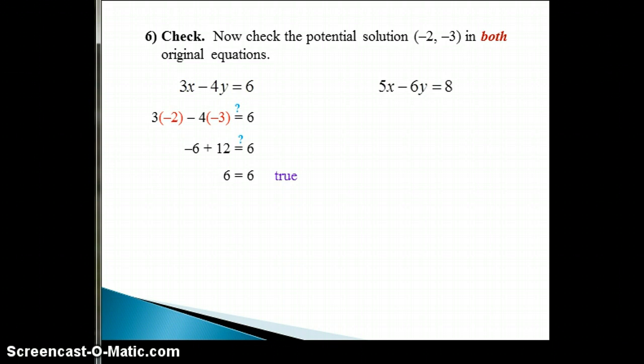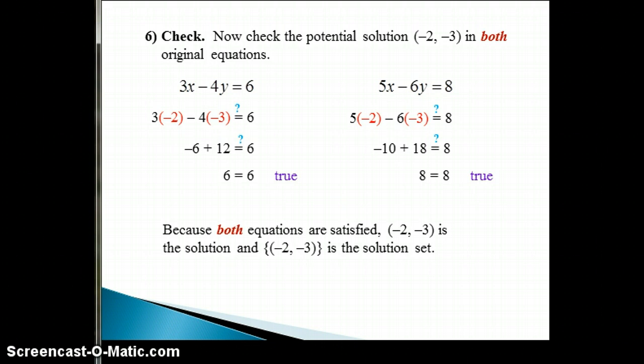Now let's check the bottom equation. We plug in -2 for x and -3 for y and see if this gives us a true statement. Because it satisfies both equations, the ordered pair (-2, -3) is in fact a solution to our system.